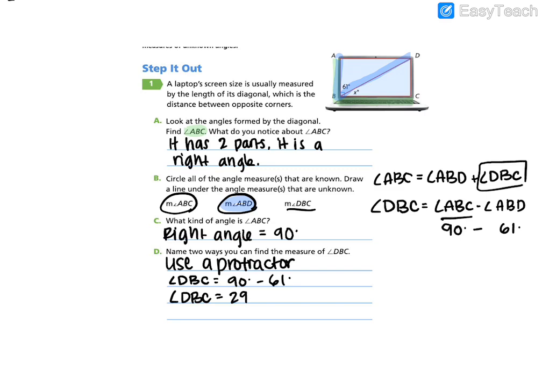Angle DBC is equal to 29 degrees. Okay, so we could also solve using an equation. So we're using our knowledge of separating angles, right? Angle ABC is separated into two parts. So we know those two parts will add together to equal the whole.